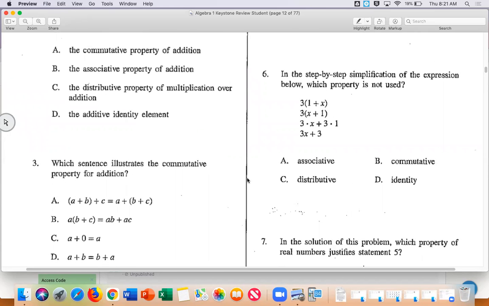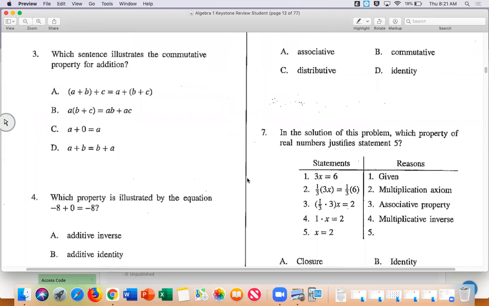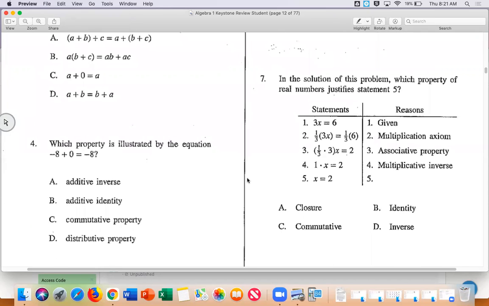So let me go through this. All right, let's go to number 7 because they got some fancy words there like closure. They have a table. In the solution of this problem, which property of real numbers justifies statement 5?